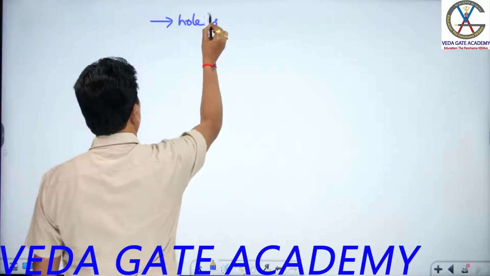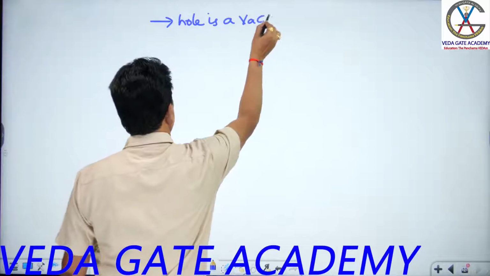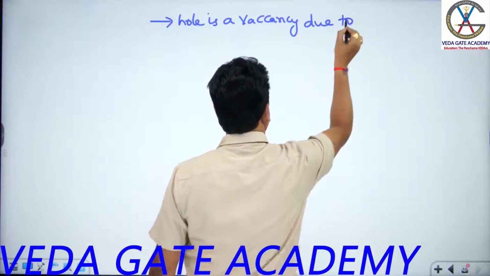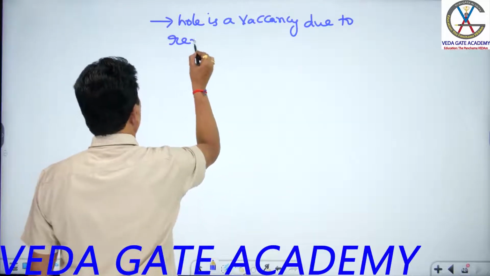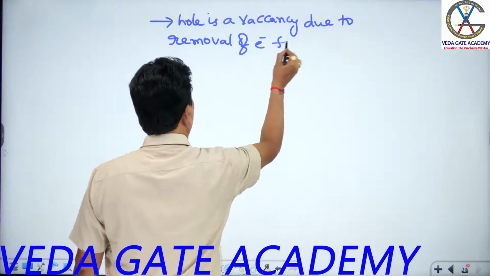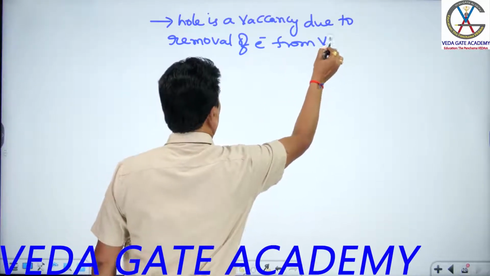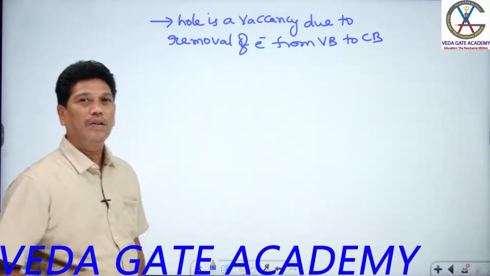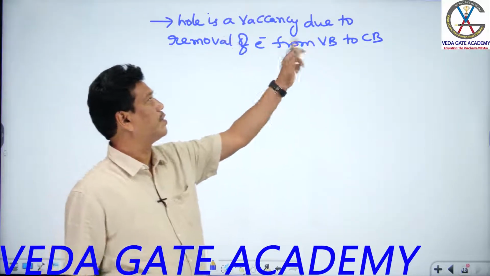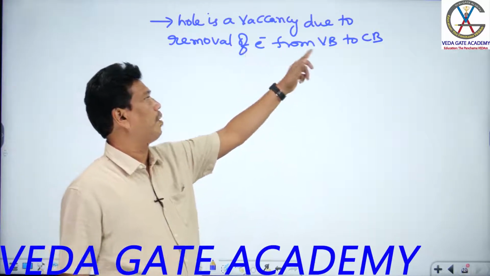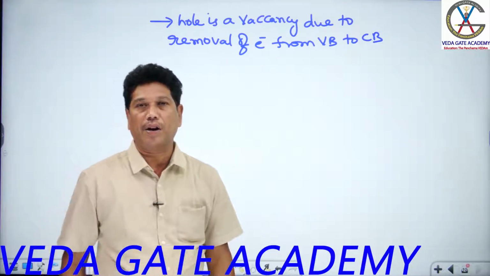Hole is a vacancy due to removal of an electron from where to where, students? From the valence band to the conduction band. Answer my question, students.